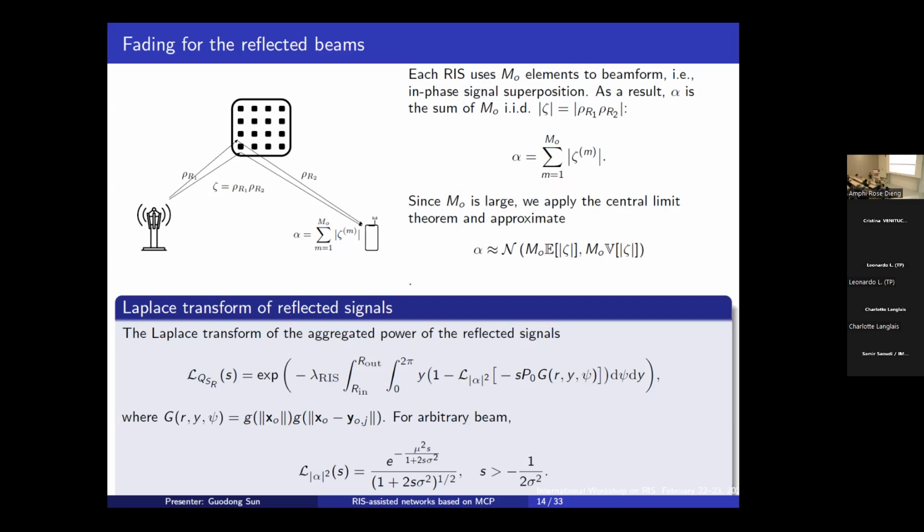Then, if you recall very early the sum of interference, the aggregated power of interference built from randomly located base stations, now your reflected signal is built from randomly located RISes. It can also be characterized by the Laplace transform. You can find it in a textbook. You don't have to remember this formula. And the fading you can also find in a probability book about the Laplace transform.